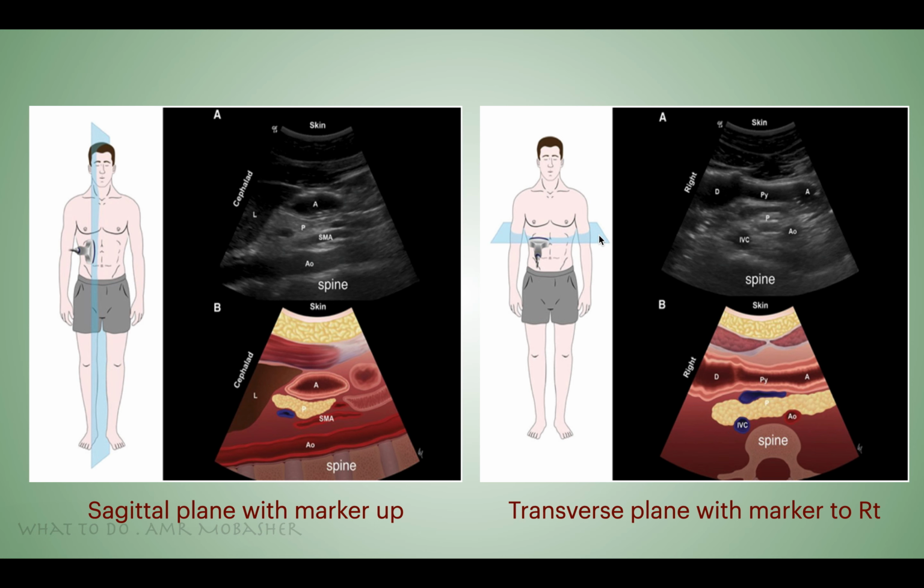So we cut it similar to the CT scan. That's why the aorta here is a circular structure. The IVC is the same, from the right to the left. So the marker or the indicator corresponds to this indicator on the screen. In chest ultrasound, we usually do the sagittal scans with the marker pointing towards the patient's head, cranially, like this.